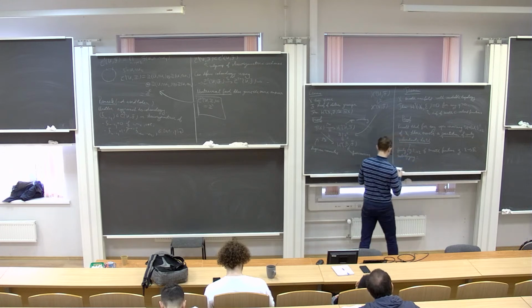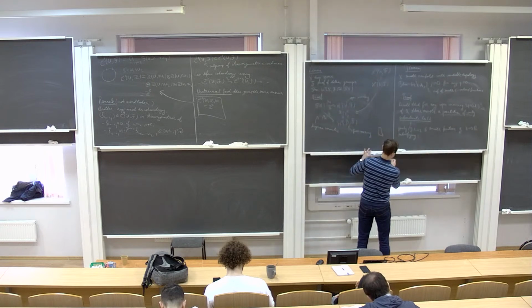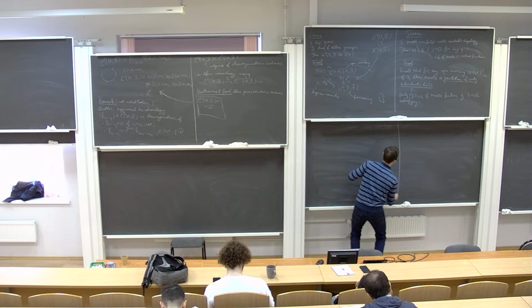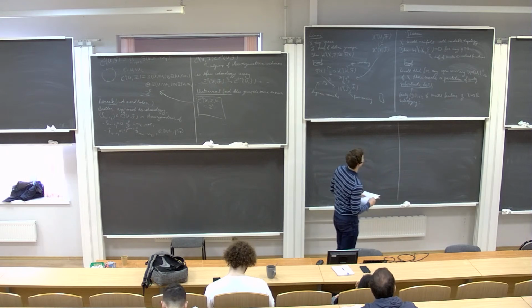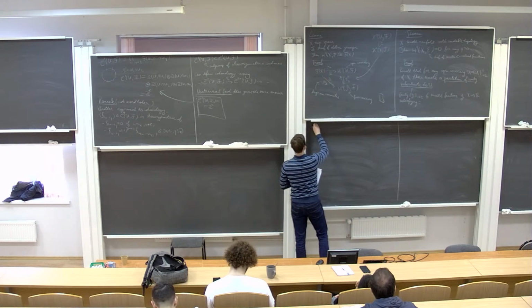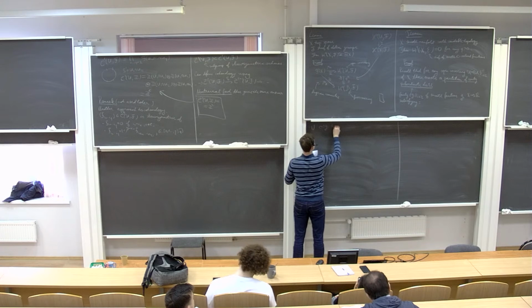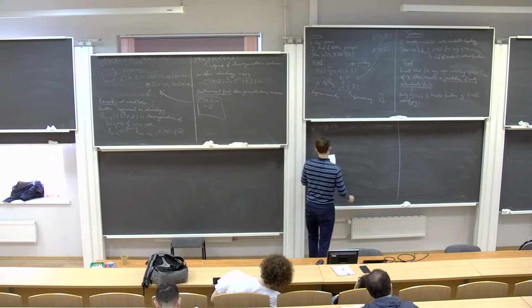The first property is that g_i is between 0 and 1 for any i.